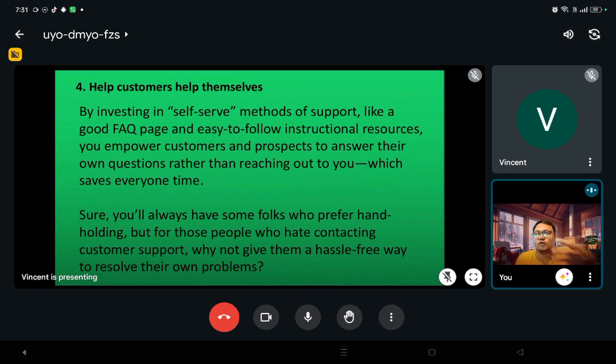So fourth, we have help customers help themselves, or customer self-service. By investing in self-serve methods of support, like a good FAQ page and easy to follow instructional resources, you empower customers and prospects to answer their own questions rather than reaching out to you, which saves everyone time.